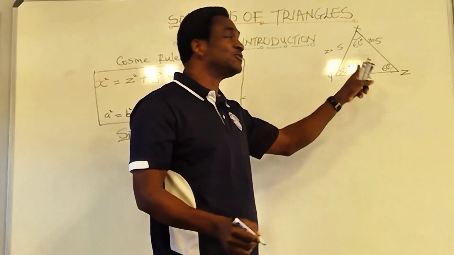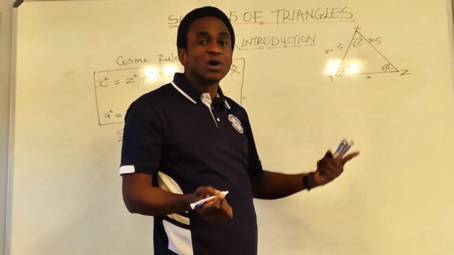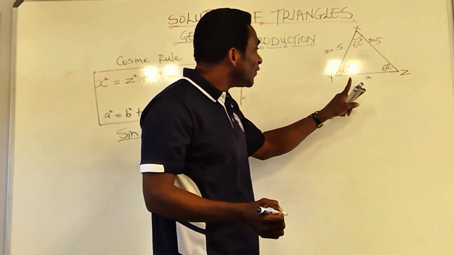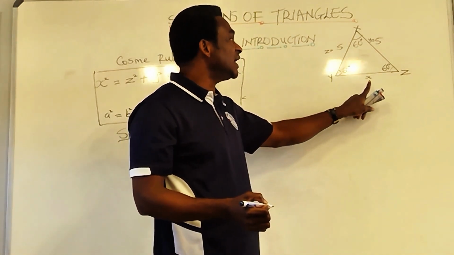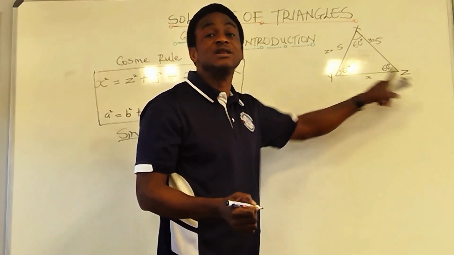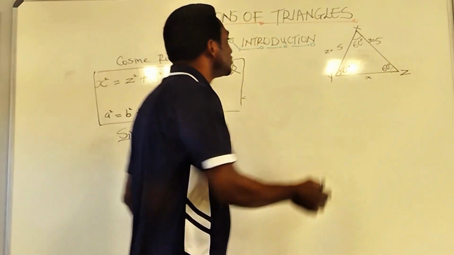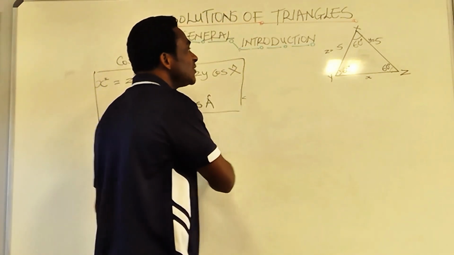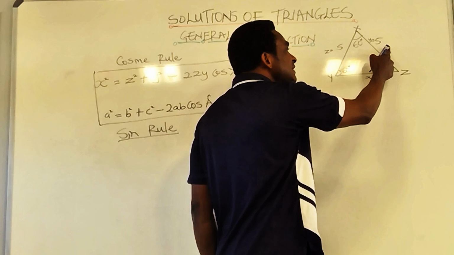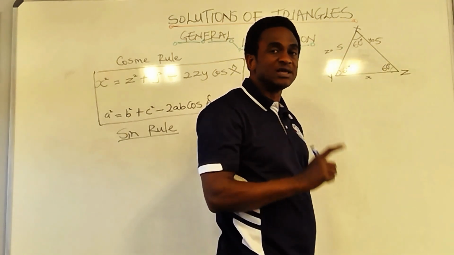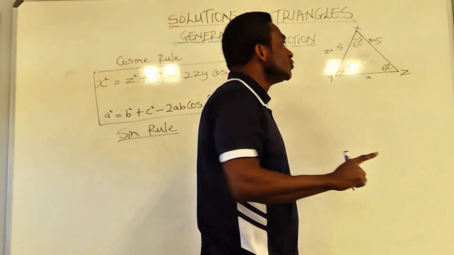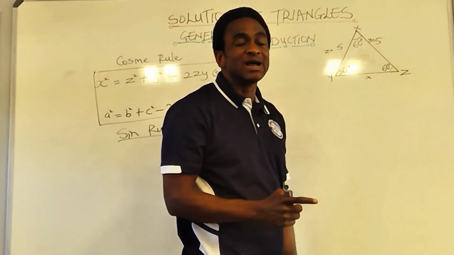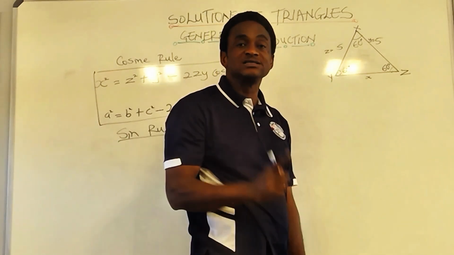For this, we can easily use the sine rule to calculate the value of the length yz. So, how do we go about it? Remember, for us to use the sine rule, one side and 2 angles must be given, or 2 sides and 1 angle facing one of the sides must be given.